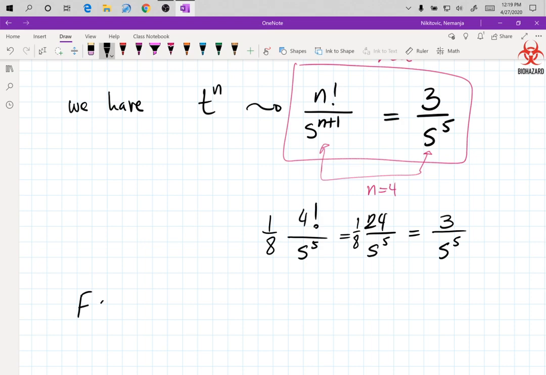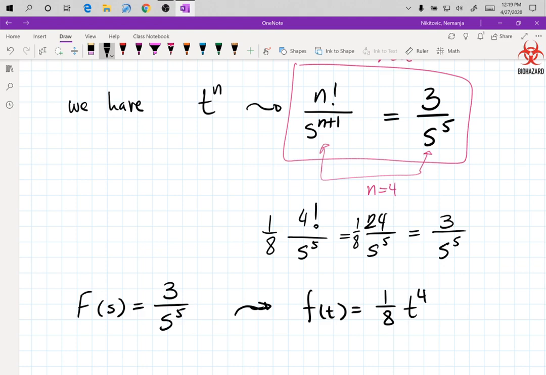So f of s given as 3 over s to the 5 will convert into f of t that will be 1 over 8 t to the 4.